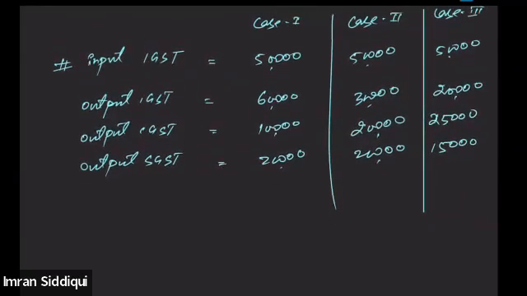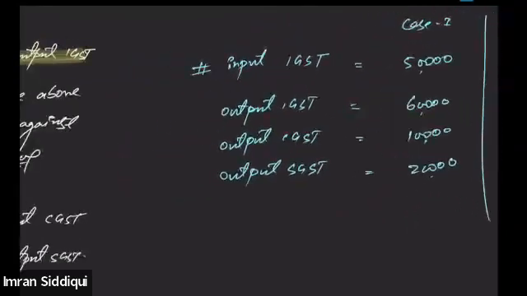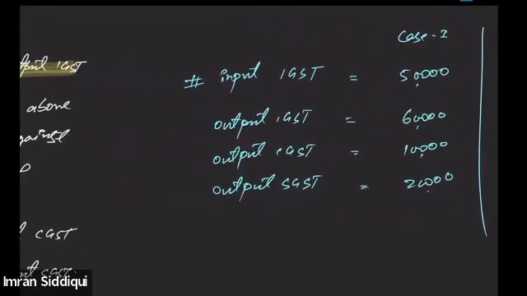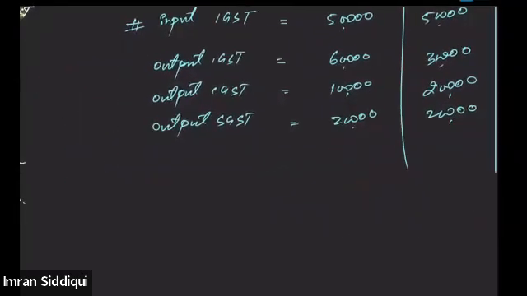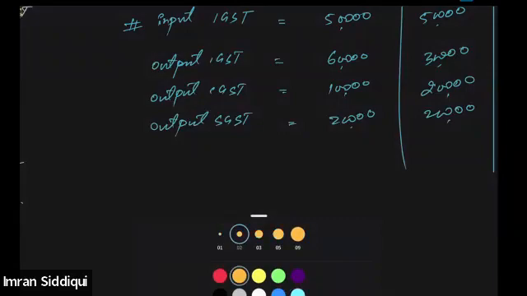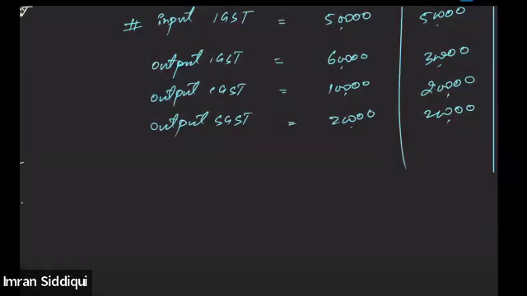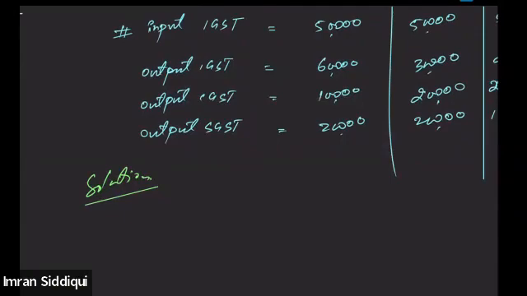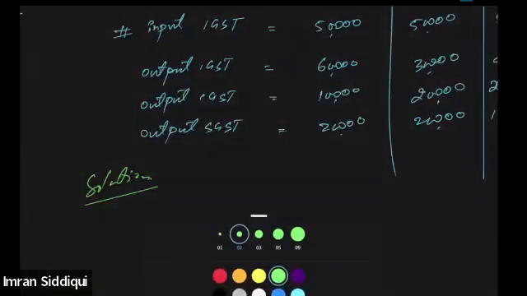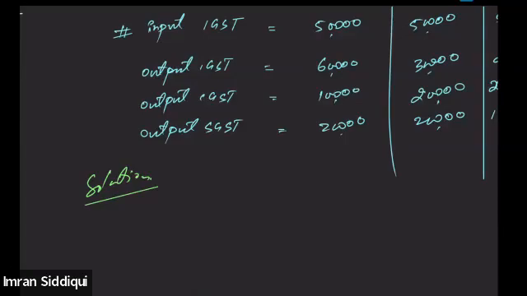Okay. Now let's talk about this case number one only. Let's try to understand how we will be able to set off the IGST. So see, the first thing, you don't have to note this down, just try to understand. See, input IGST we have paid is 50,000, right? And what are the output IGST, CGST and SGST we have available?